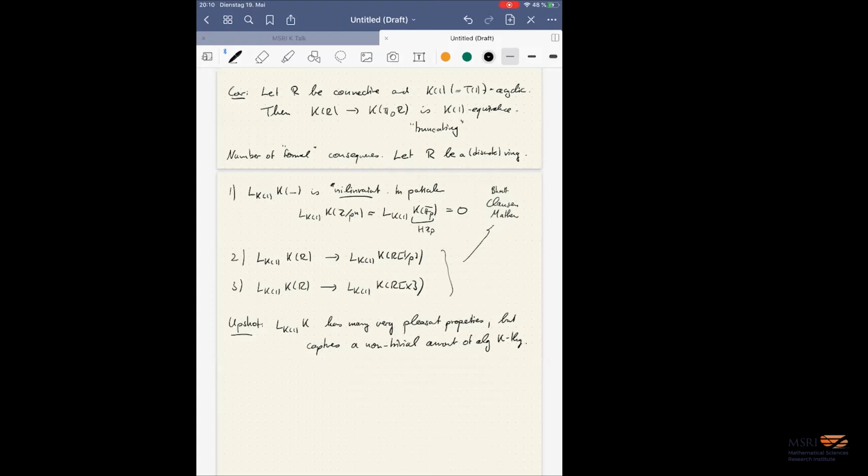And I should also say that just yesterday, Akhil Mathew has also given another proof, a third proof, of the vanishing of the K1-local K-theory of Z mod p to the n. The original proof by Bhatt, Clausen, and Mathew was using work by Bhatt and Scholze on prismatic cohomology, which they used to compute TC of this, and they then used the Dundas-Goodwillie-McCarthy theorem to compute this.